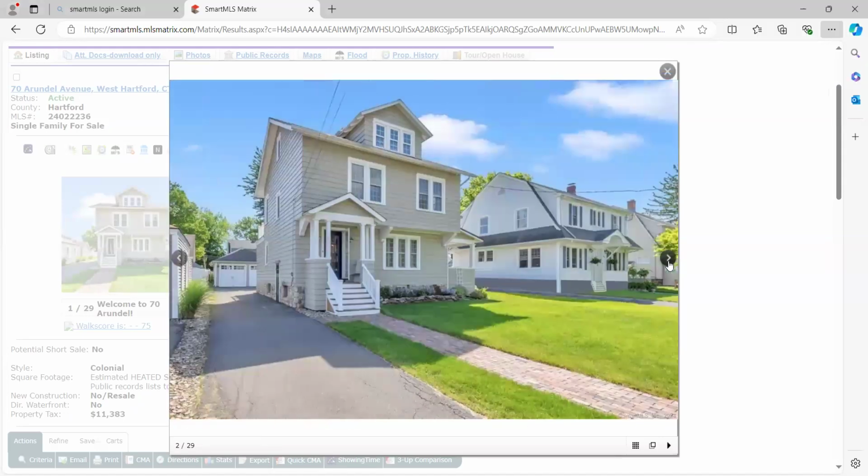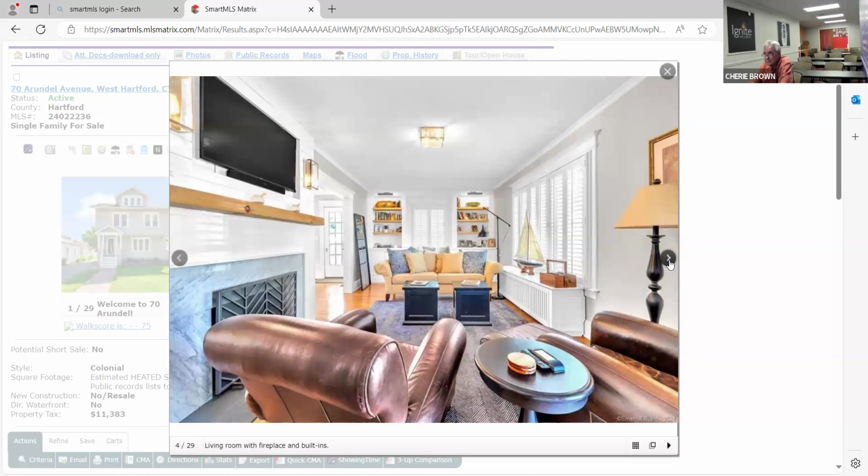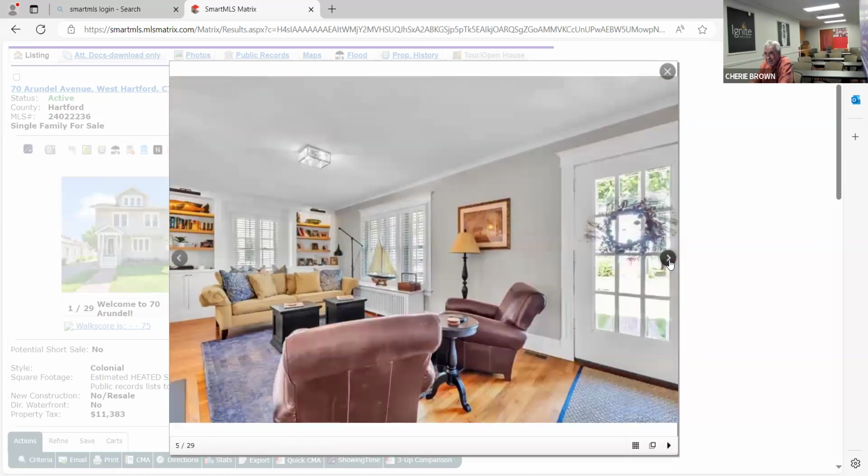Looks nice from the outside. Nice little neighborhood. This is also having some upgrades.